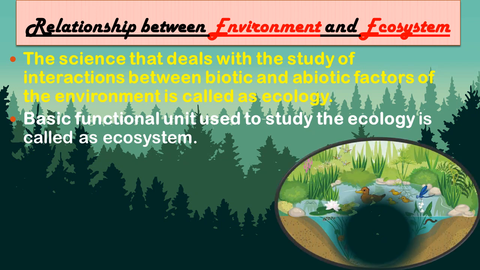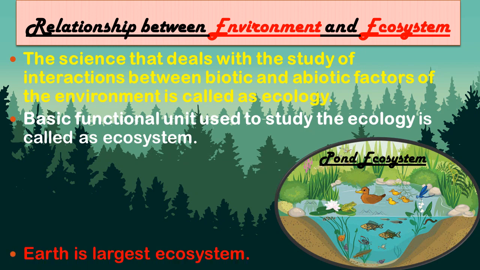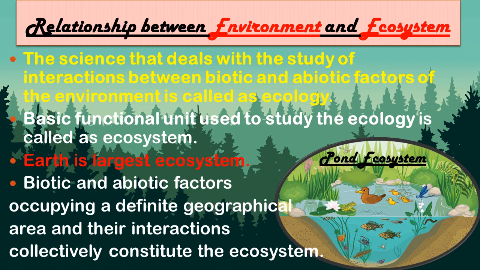A small pond is an ecosystem, whereas the earth is the largest ecosystem. Biotic and abiotic factors occupying a definite geographical area and their interaction collectively constitute the ecosystem.